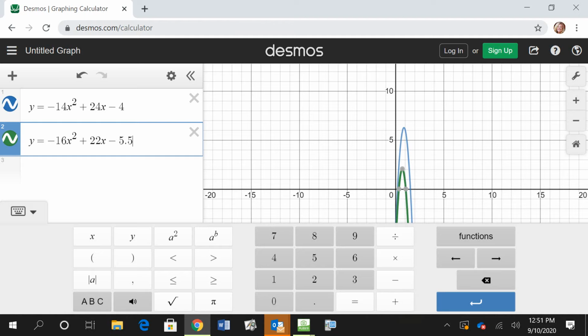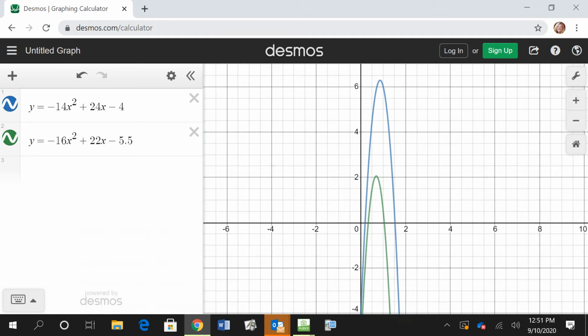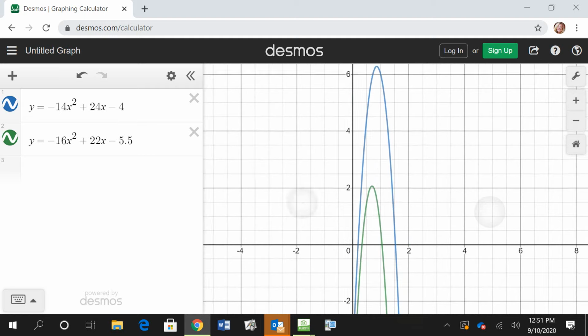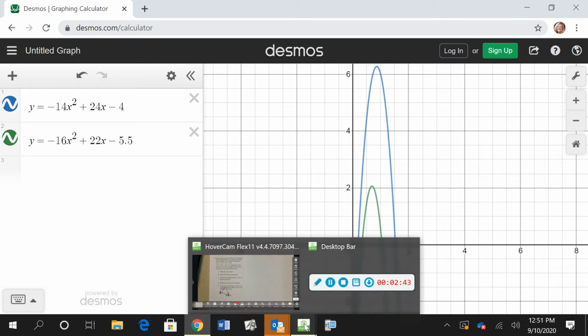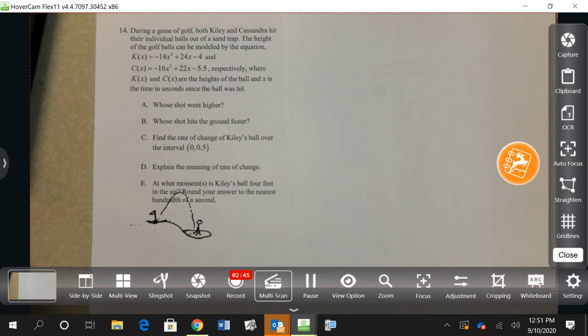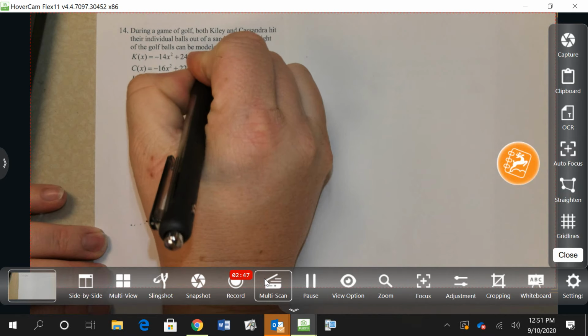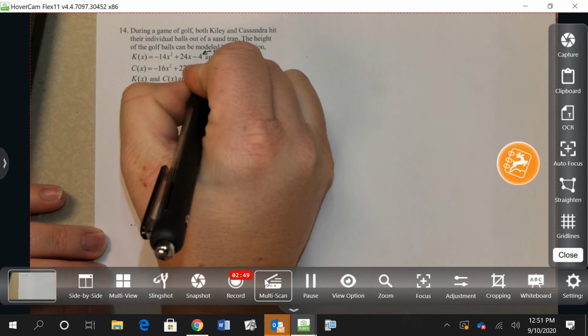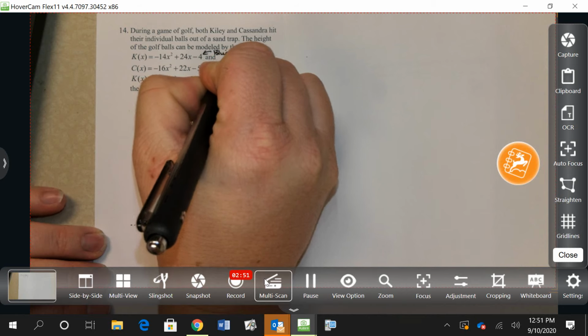I'm going to lightly move the screen so I have a better view. I'm going to flip back here, and again, blue is the first equation, and I want to make sure that I don't forget that. So I come over here and write, this is my blue equation, and this one is green.